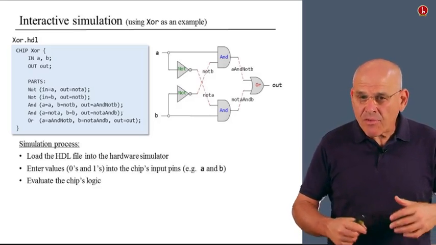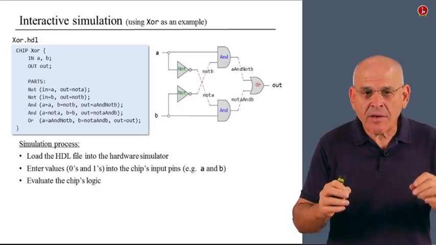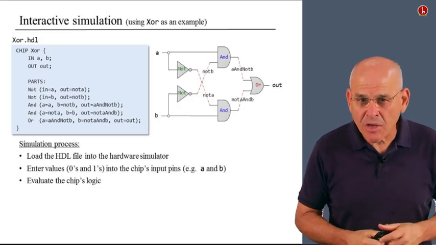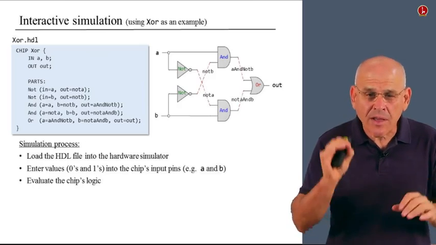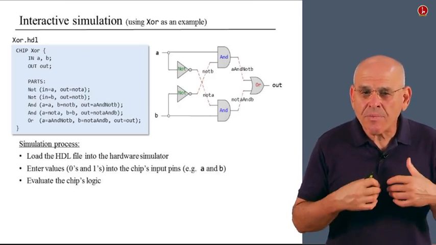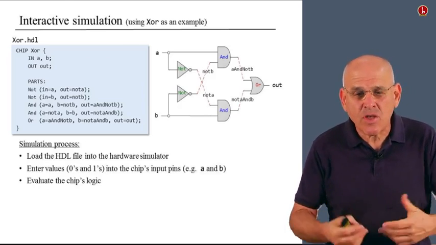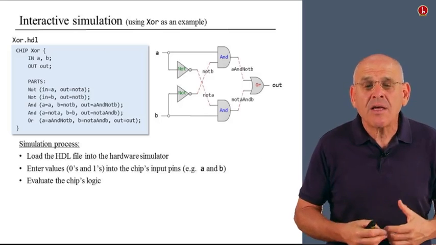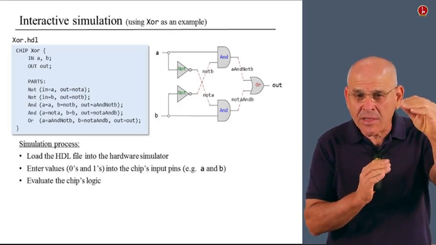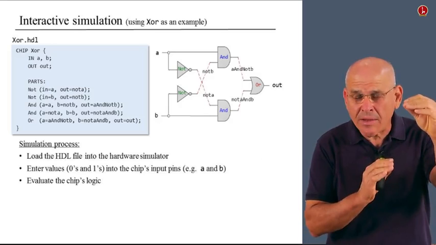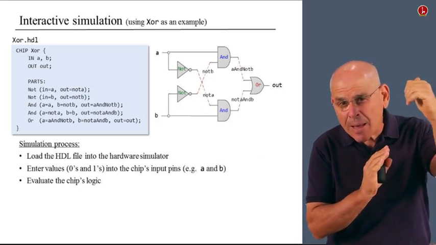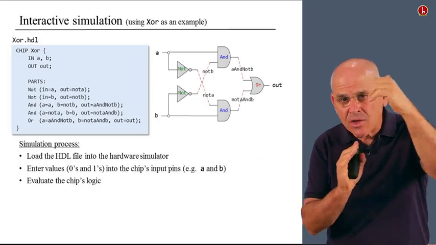Well, we have to tell the simulator to evaluate the chip's logic. The simulator will not do anything until we tell it to actually consider the new inputs that we entered and evaluate the chip's logic. If we do this, the simulator will take these values, these zeros and ones or whatever we entered, and will pipe them through the architecture.